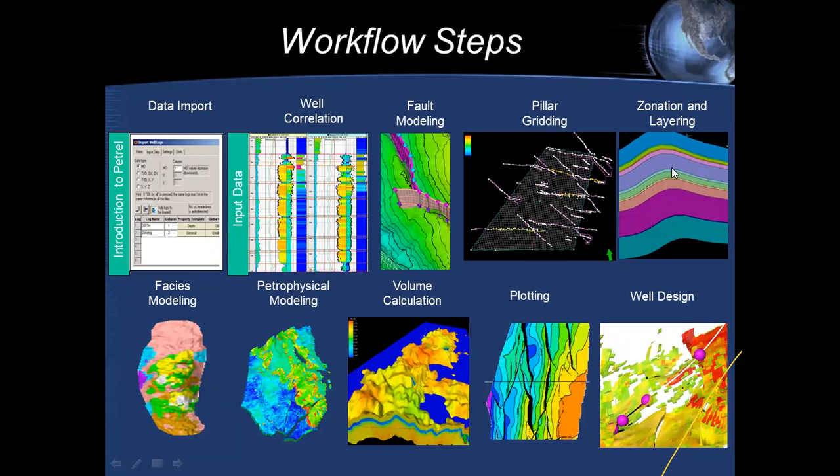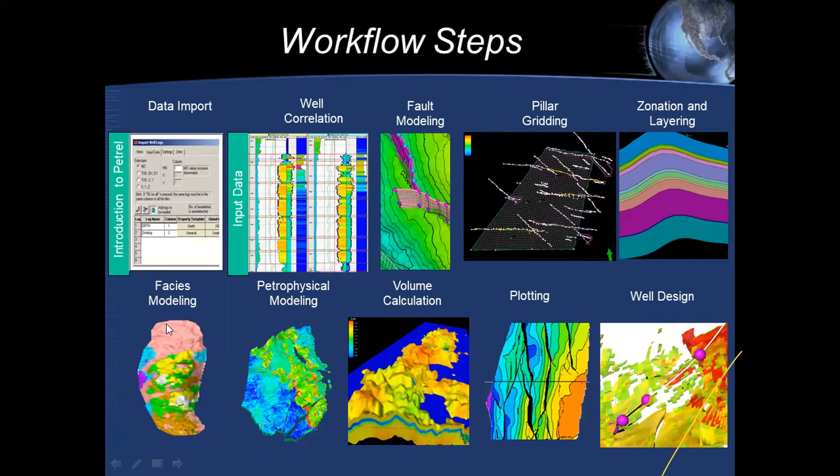Then layering. You have to divide your subzones into small layers because of your log resolution, your core resolution is giving you information every other foot. That's why your layers have to cover heterogeneity.